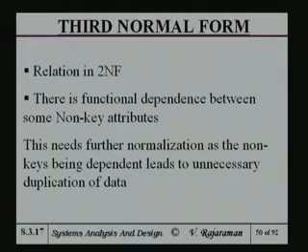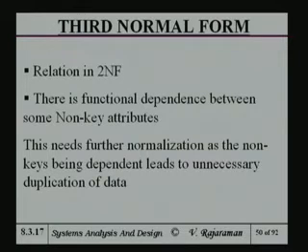So in order to get something to third normal form, the relation should already be in second normal form, and there is no functional dependency between non-key attributes. See, in second normal form, we talked only about functional dependency on a part of a composite key, a non-key attribute being a function of part of the key.